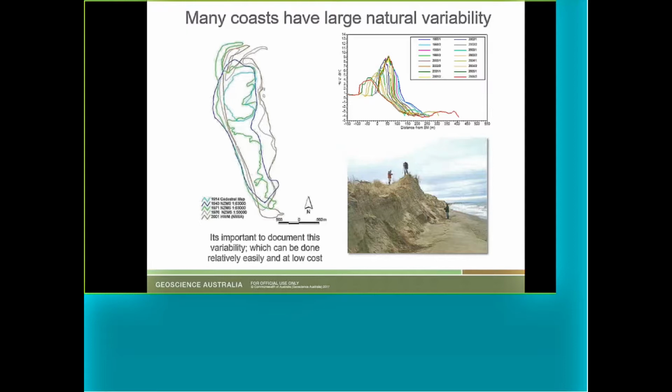The top right graph shows the cross-sectional profile or shape of that same beach system, and then in the lower right you see a photo of that locality which is clearly eroding. So it's important to document this variability, and it can be done easily and at low cost.